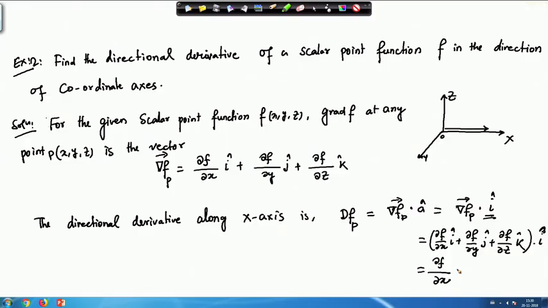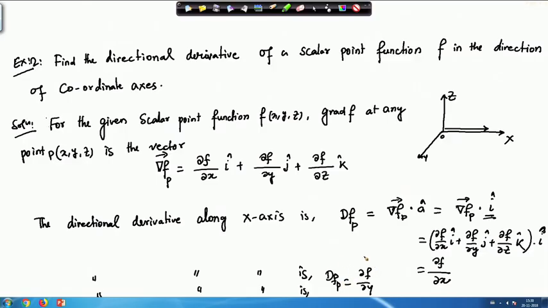Similarly, the directional derivative of f at the point p along the y axis proceeds in a similar fashion, and this will be del f/del y. Similarly, the directional derivative along the z axis for f at the point p is del f/del z.